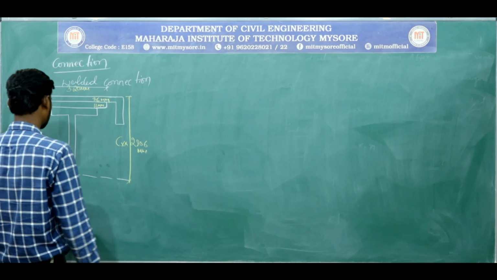Okay, so what is V here? V, the shear force, what we have already calculated, 517.88 kilonewton, that is 517.88 into 10 power 3 Newton, right?